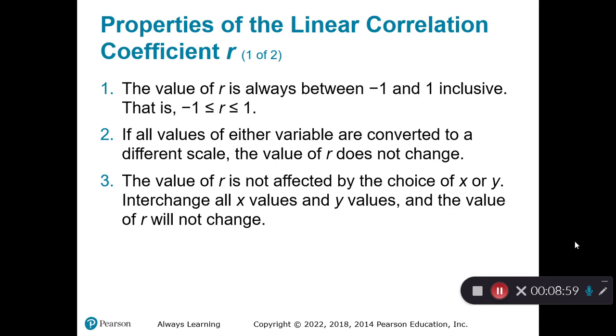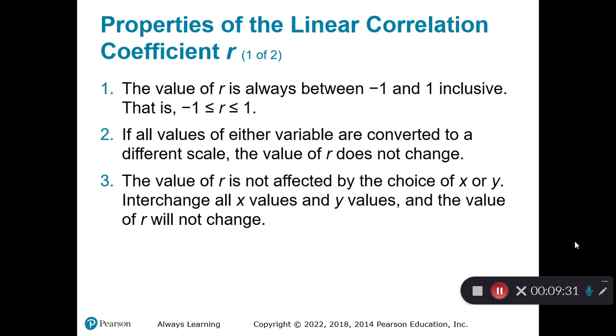If all the values of either the x variable or the y variable are converted to a different scale, r doesn't change. So for example, if we were comparing the heights and weights of individuals, and the original heights were in centimeters, and we converted all those to inches, and let's say the original weights were all in kilograms and we converted to pounds, changing those measurement scales would not change the calculation of r.